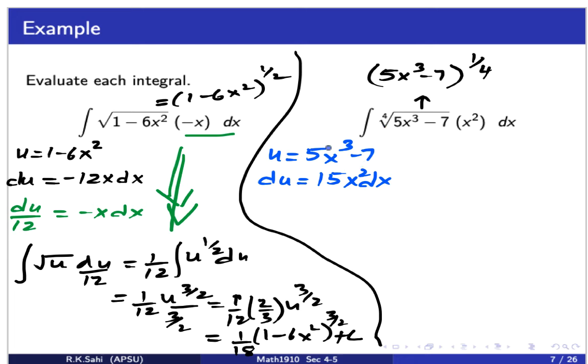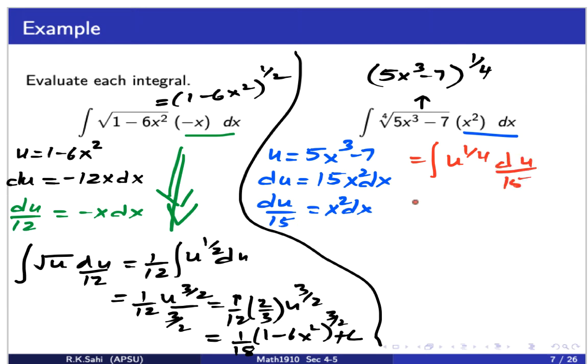Every time you do something, go back to the original problem. What am I going to need and what am I not needing? Already I have x squared dx, so I need to write x squared dx as du over 15. Now just make all the replacements in the original problem. This is the integral of u to the power 1/4 times du over 15.